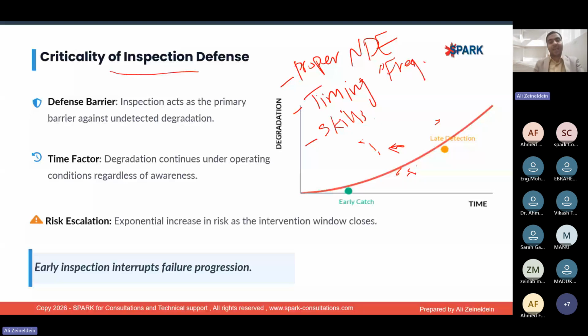Okay, early inspection, and here we should stop at this point. Early inspection means early effective inspection. That's what I want to explain.